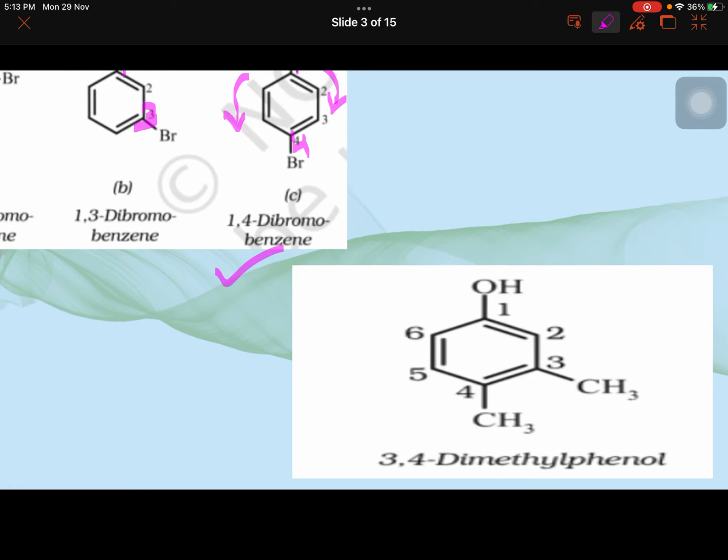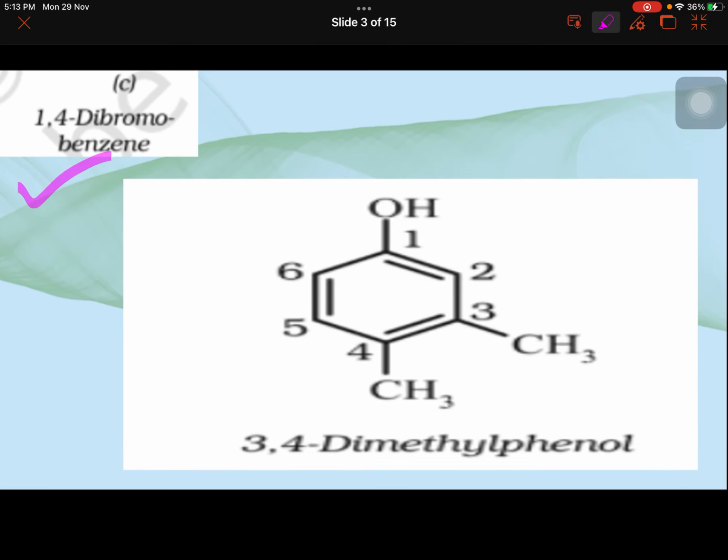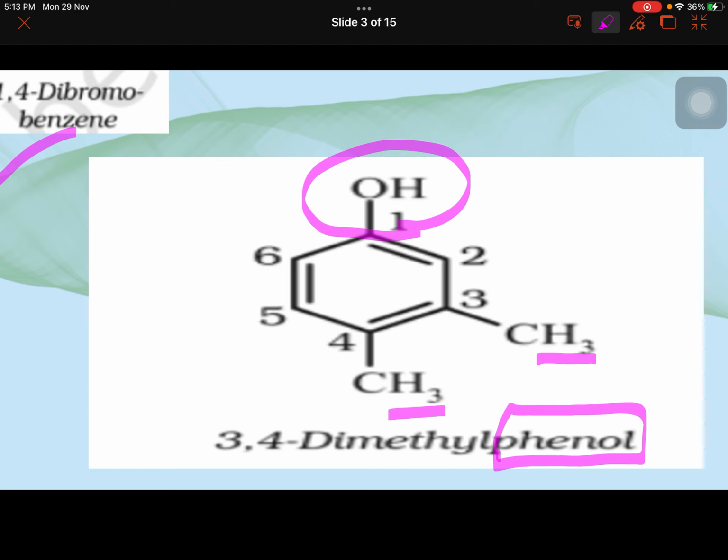Now when you have three functional groups, or you have three substituents, I should say, on the benzene ring. So this is clearly the functional group. This has more priority than the alkyl groups. So the parent compound is phenol. And the two methyl groups are the substituents on it. So it is 3,4 dimethyl phenol. How 3,4?